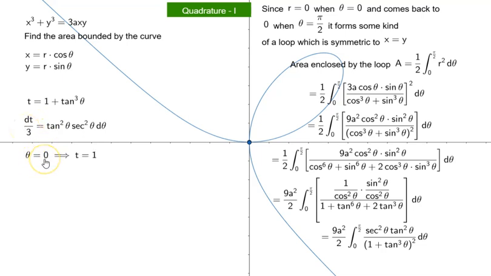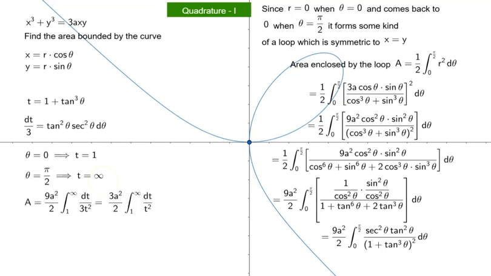Now theta equal to 0 means tan theta is 0, that means t is equal to 1. When theta is equal to pi by 2, this is sin theta by cos theta, cos pi by 2 is 0. That means the denominator becomes 0, which means t becomes infinite.